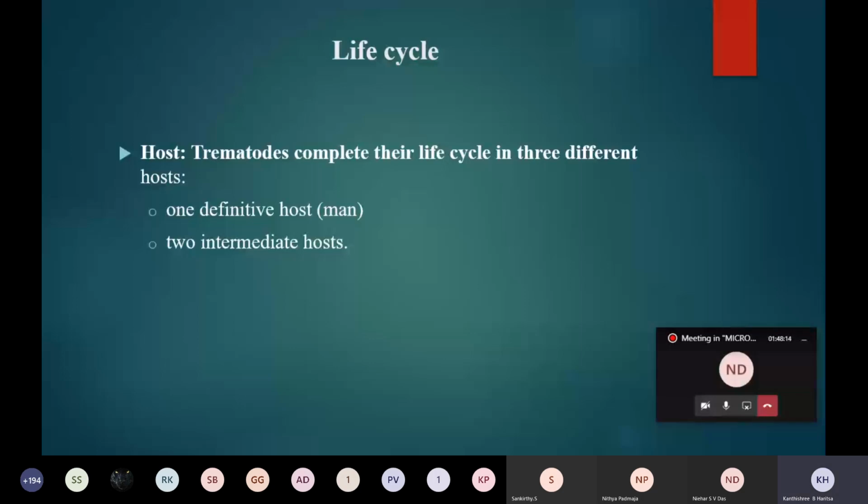Coming to the life cycle. Trematodes complete their life cycle in three different hosts: one definitive host, that is man, and two intermediate hosts.